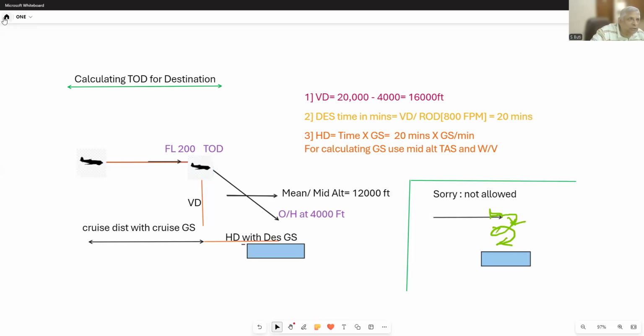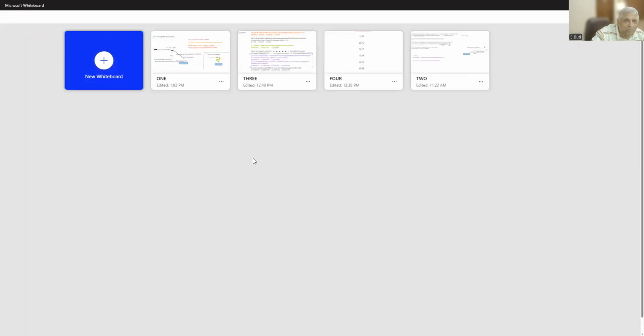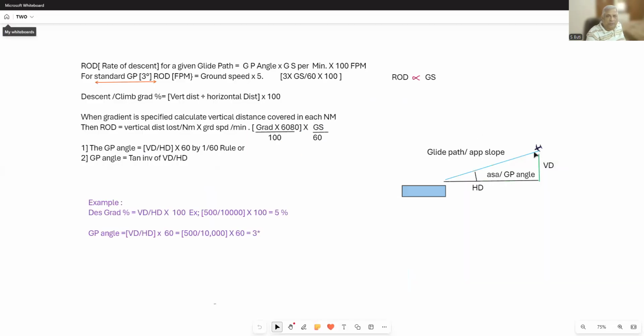Now, some more types of questions in descent are when you have to descend at a particular angle, which is called approach slope angle. Approach slope is the path on which you will descend in the air to report over a particular point, which is over the threshold, the beginning of the runway.